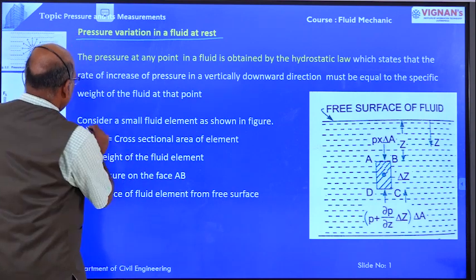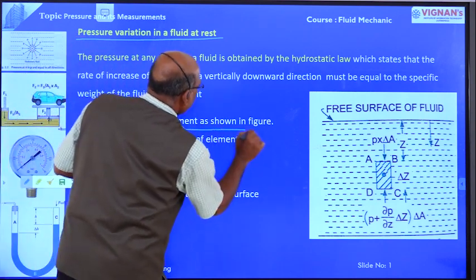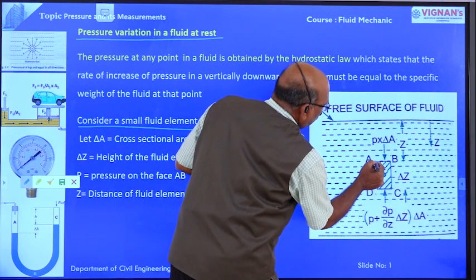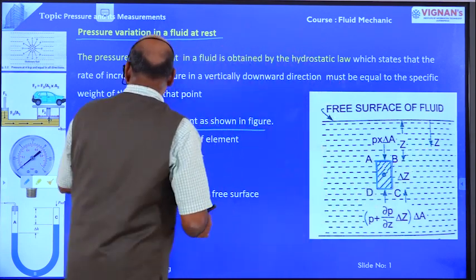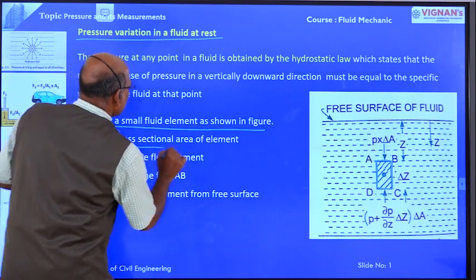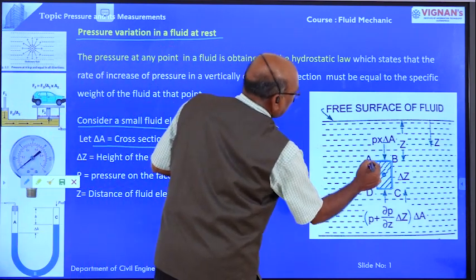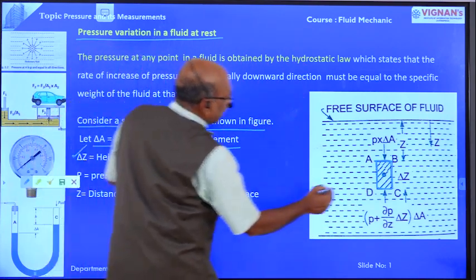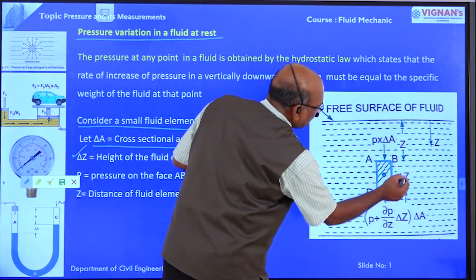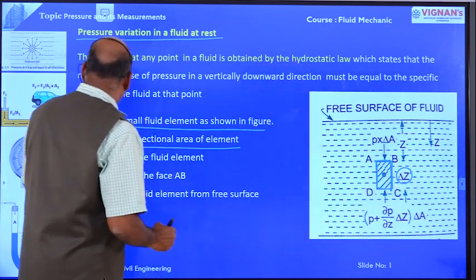Now here, consider a small fluid element. This is the small fluid element. Delta A is the cross-sectional area. Delta Z is the depth of the fluid element.